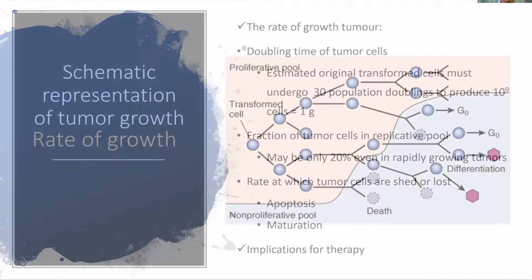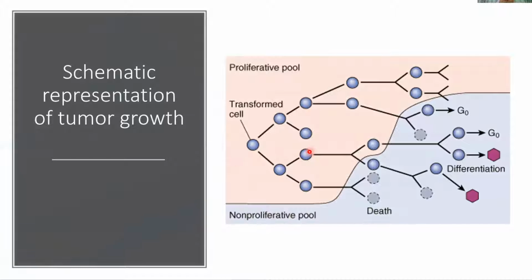All right, let's look at this diagram. This is the proliferative pool, and this is the non-proliferative pool. The proliferative pool means all the tumor cells are still in the cell cycle. When they enter G0, they have entered the non-proliferative pool. But mainly the tumor is in these areas, about 80%, and only 20% here.